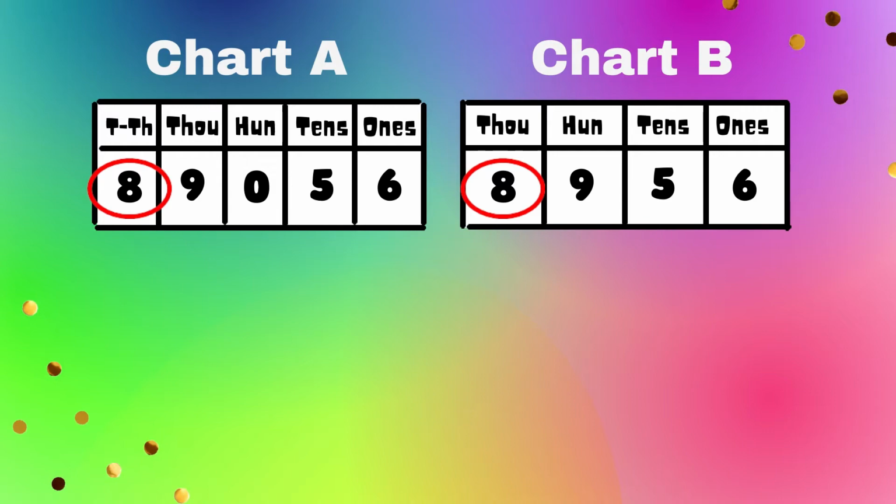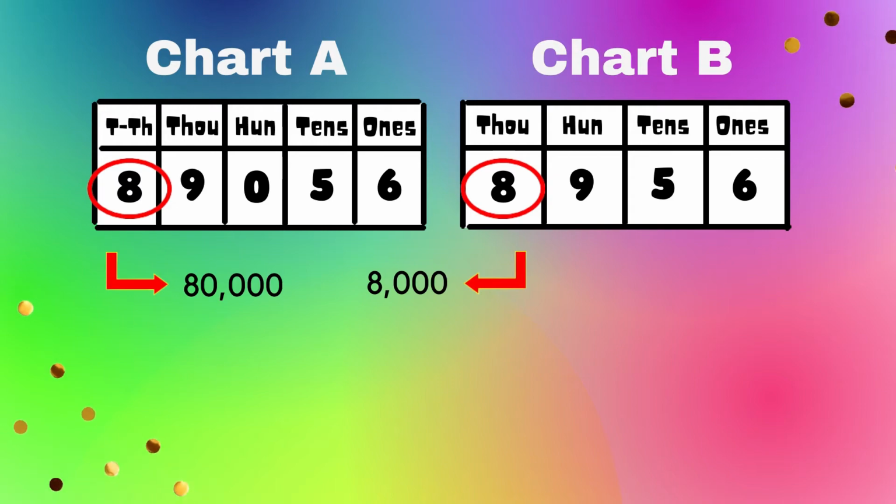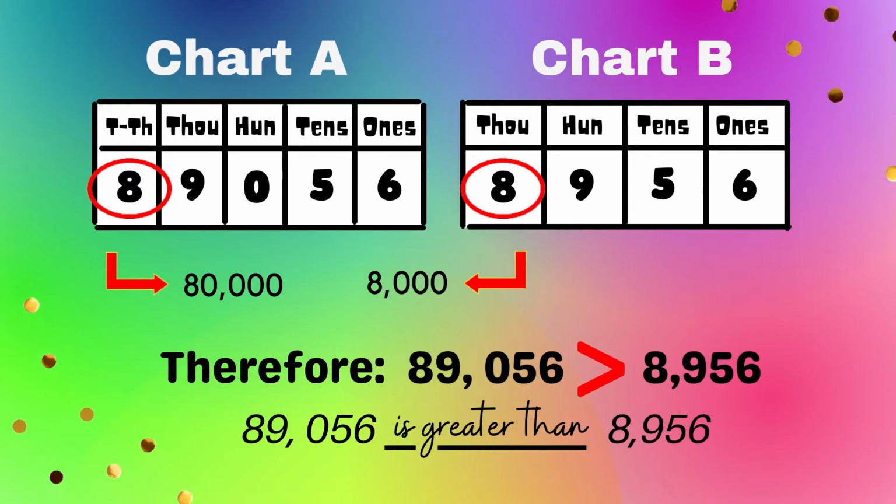Since the digit starting from the left is 8, let us identify its value in both charts. In chart A, the digit 8 has the value of 80,000, while in chart B, the digit 8 has the value of 8,000. Therefore, 89,056 is greater than 8,956.